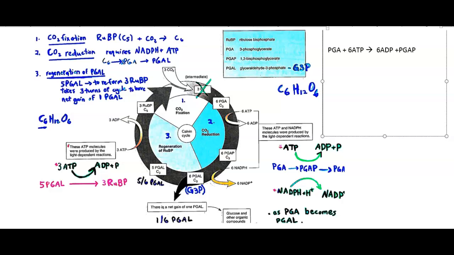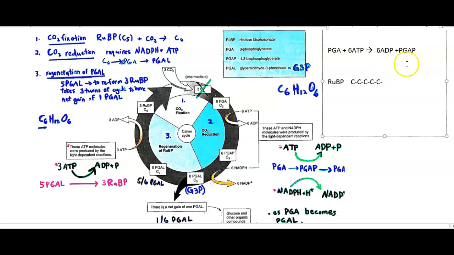So let's look a little bit more at RUBP. If you look up here, here's the name of it, ribulose biphosphate. So that is actually going to have how many carbons? 5. 1, 2, 3, 4, 5.